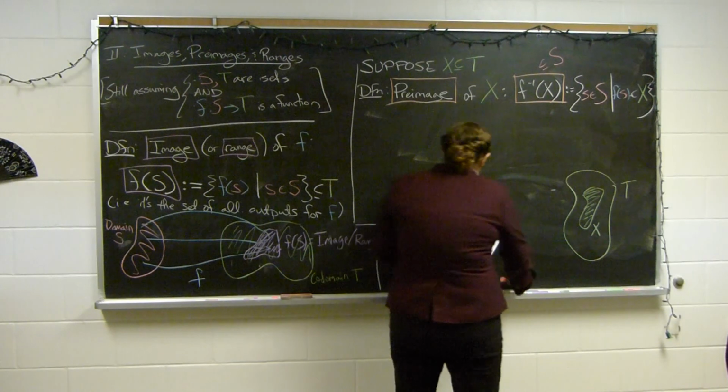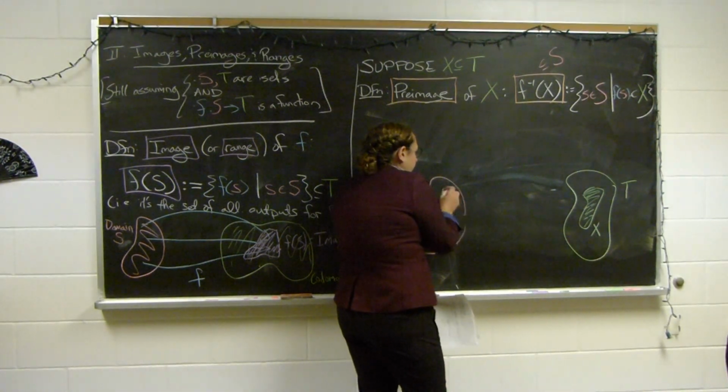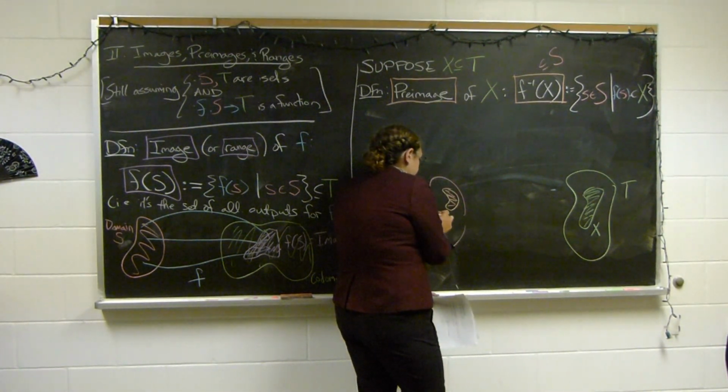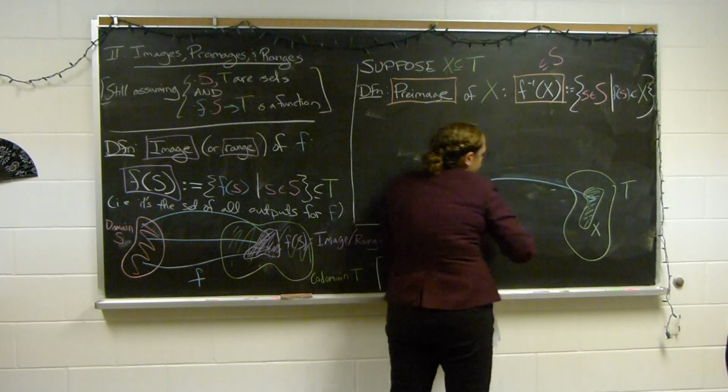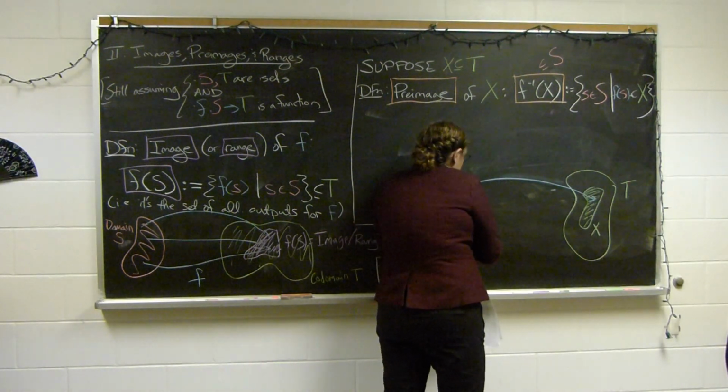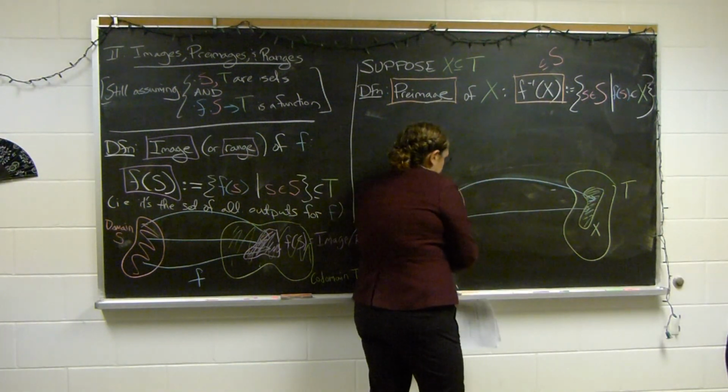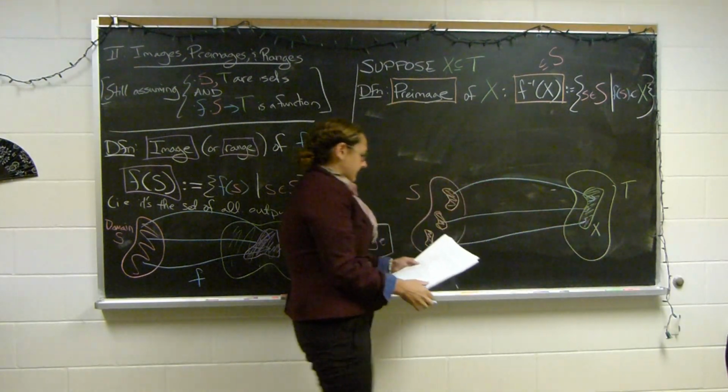So I'm looking back here at what actually lands me inside of there. Some parts are going to land out there, and I don't care about them. I just want to know what lands inside of X.